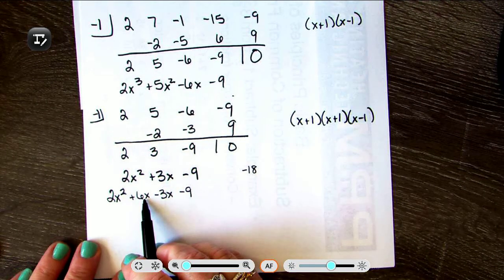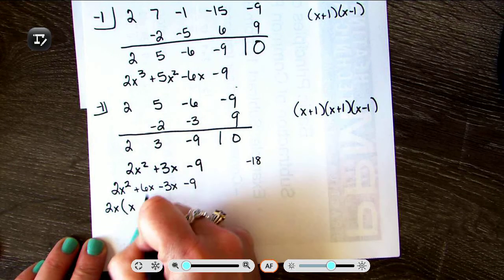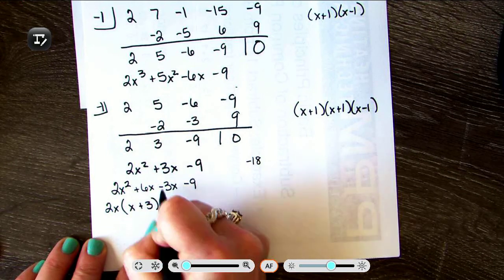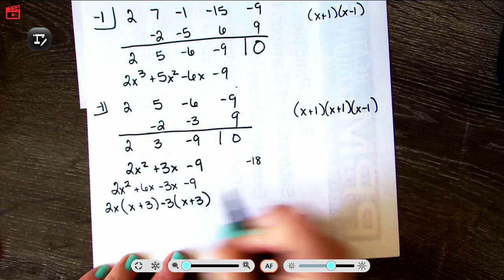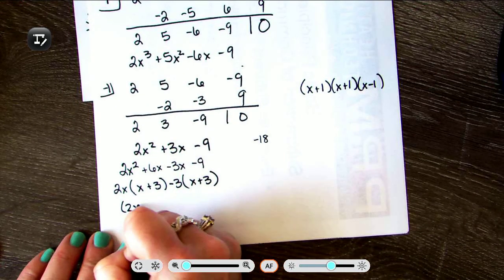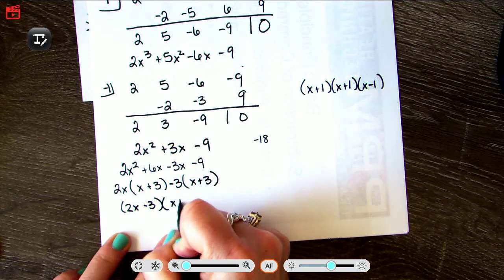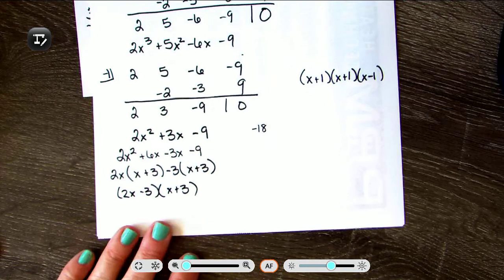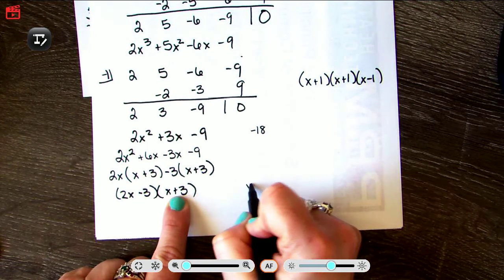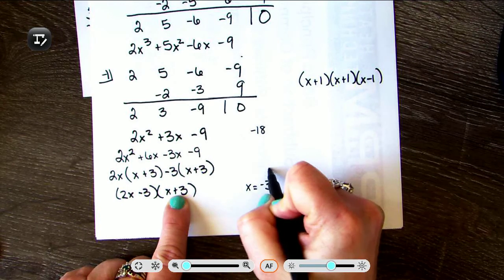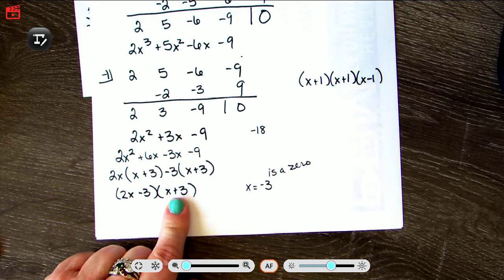Out of these two, I can pull out a 2x. That would give me x plus 3. Out of these, I will pull out a negative 3, which gives me 2x minus 3 and x plus 3. So my other zeros are going to come from these guys. So negative 3 is a 0. And if I had checked it, it would have worked.